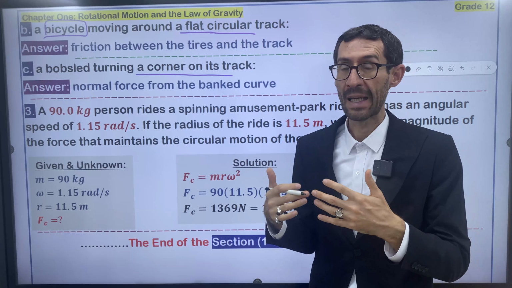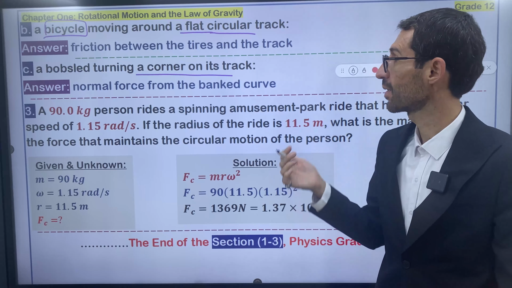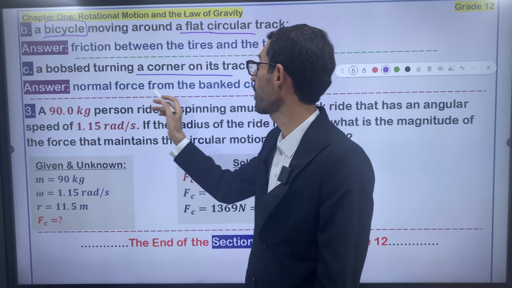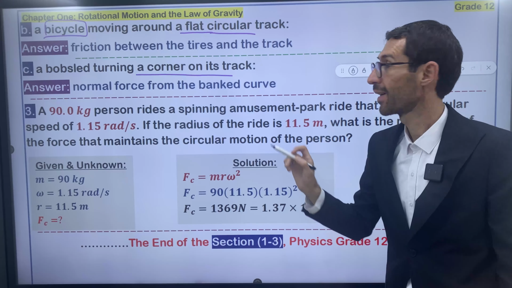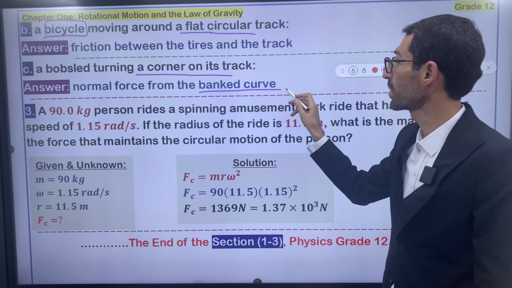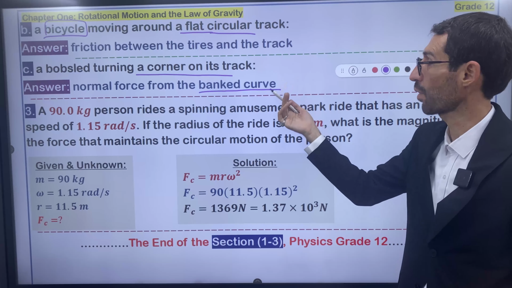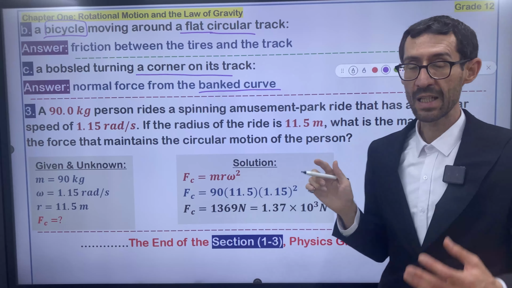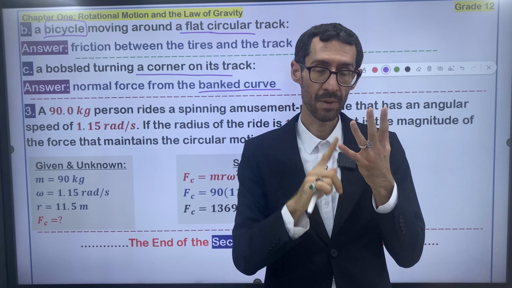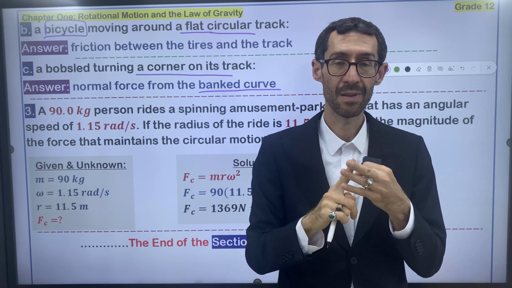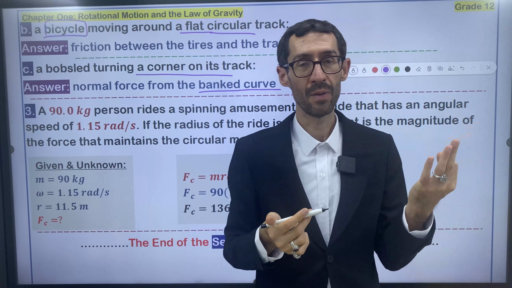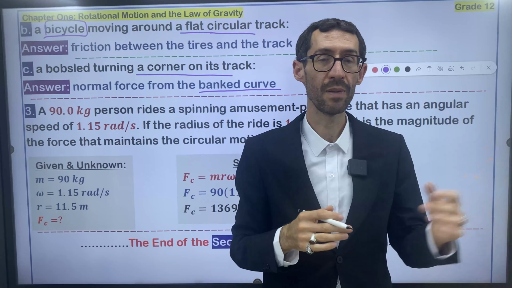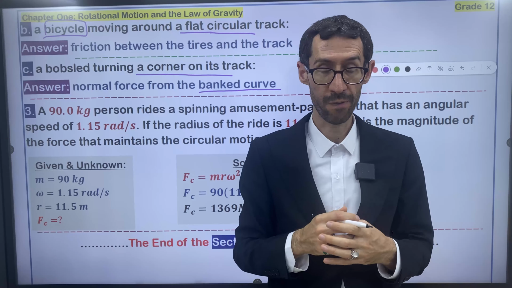What's this force? Guess the force. I'm sure you guessed the force, and the force is normal force from the banked curve. You see, normal force from the sharp turn, from the corner, from the banked curve. They have the same meaning. So in the case of sharp turn, corner, banked curve, we have normal force, and normal force is in charge of centripetal force.